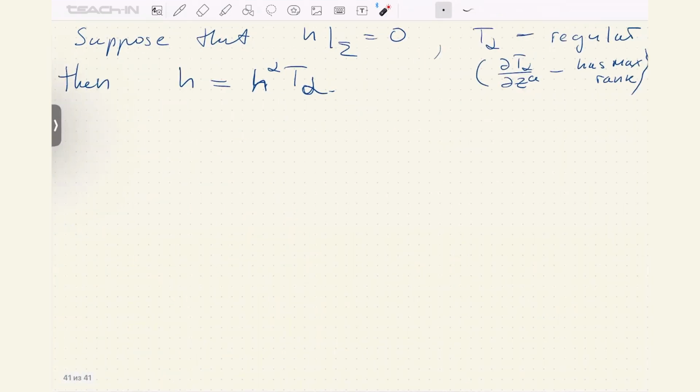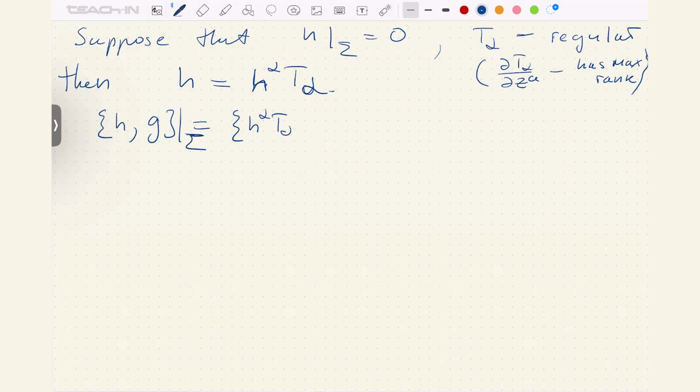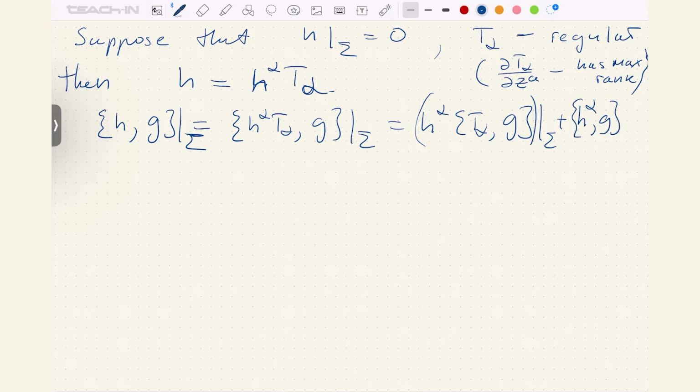So let's compute the bracket of H with G, restricted to sigma because that's what matters only, and then this can be written as the bracket of H alpha T alpha with G, restricted to sigma. Using Leibniz, this can be written as H alpha times the bracket of T alpha with G, restricted to sigma, plus the bracket of H alpha with G times T alpha, and all this restricted to sigma.